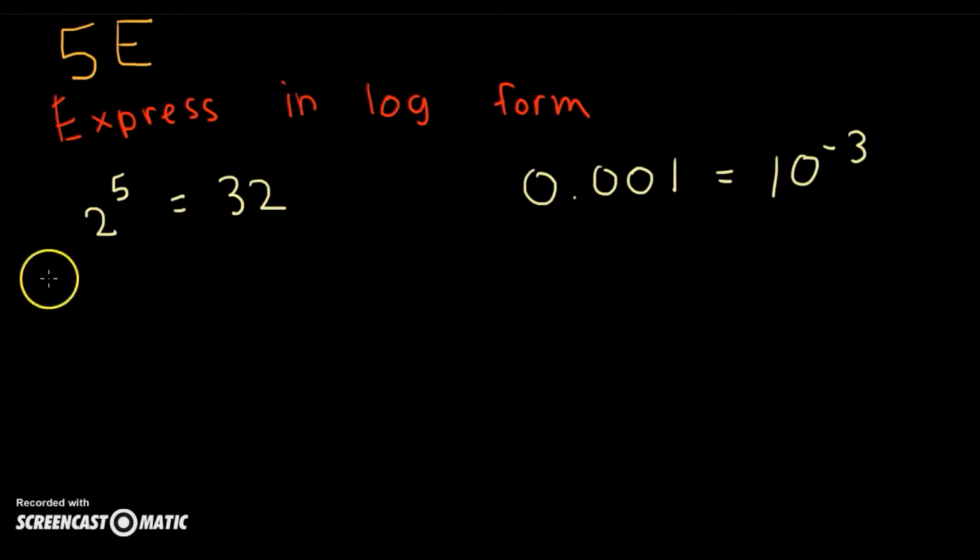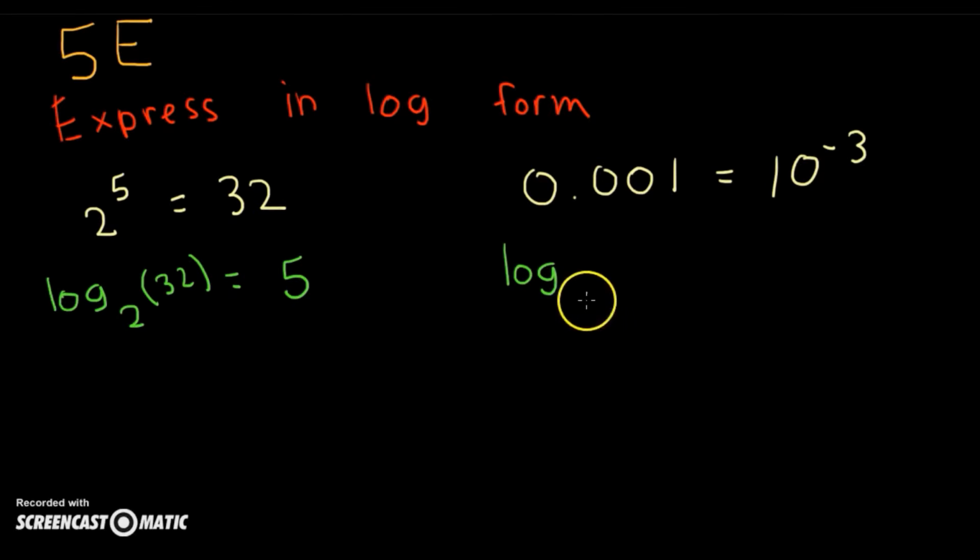We know the log has the same base, so log to the base 2 of 32 equals 5. Log to the same base, 10, of 0.001 equals negative 3.